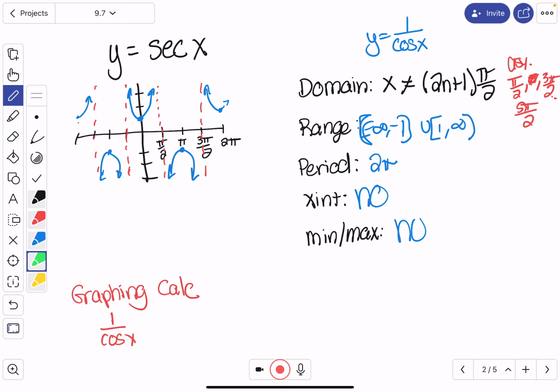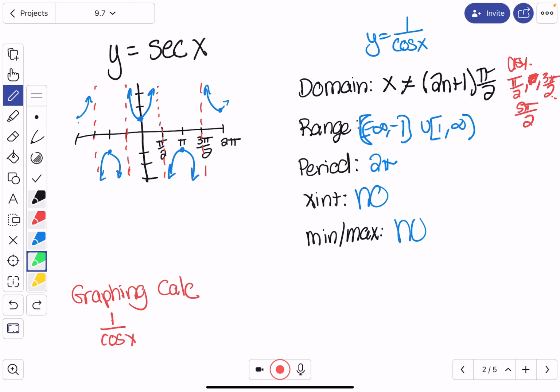Now I'm going to draw the cosine graph. So if you look at the green cosine graph, y is 1 over cosine. So the blue pieces are just that flipped. And wherever it hits 0, remember you can't have 0 on the bottom of a fraction, that's why you get those asymptotes. But that is your secant graph.